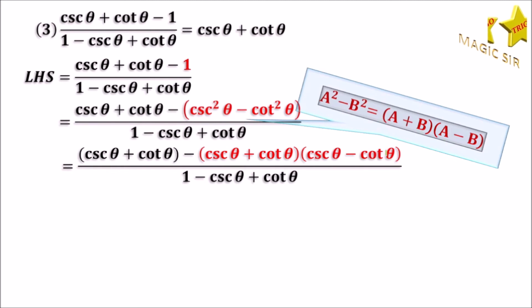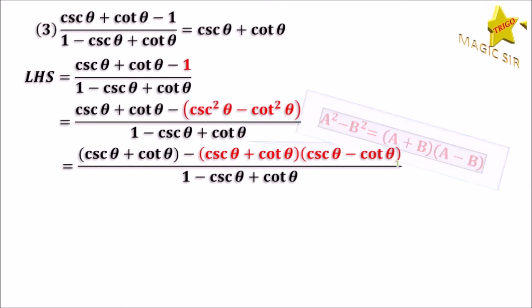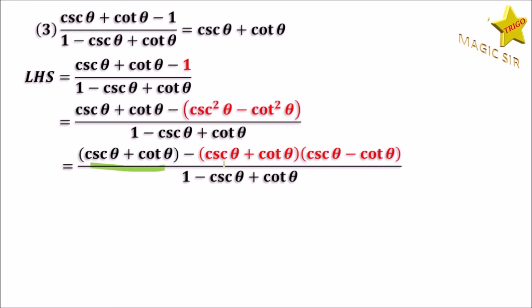Hence, cosec square theta minus cot square theta equal to cosec theta plus cot theta into cosec theta minus cot theta. Note the changes in the red color brackets. Here, cosec theta plus cot theta is a common factor.